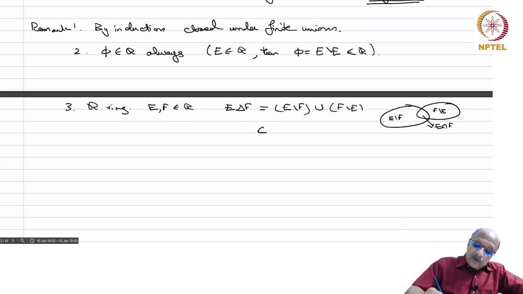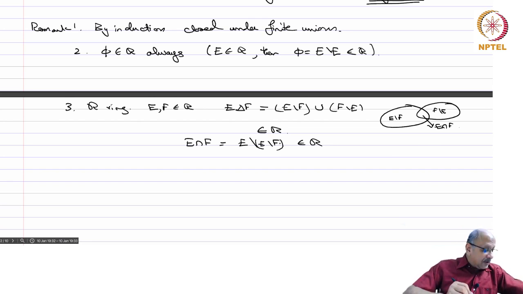That also belongs to R, because E minus F is in R, F minus E is in R, and therefore the union of elements of R is also in R. And also, what is E intersection F? E intersection F is nothing but E minus (E minus F), and therefore this also belongs to R.